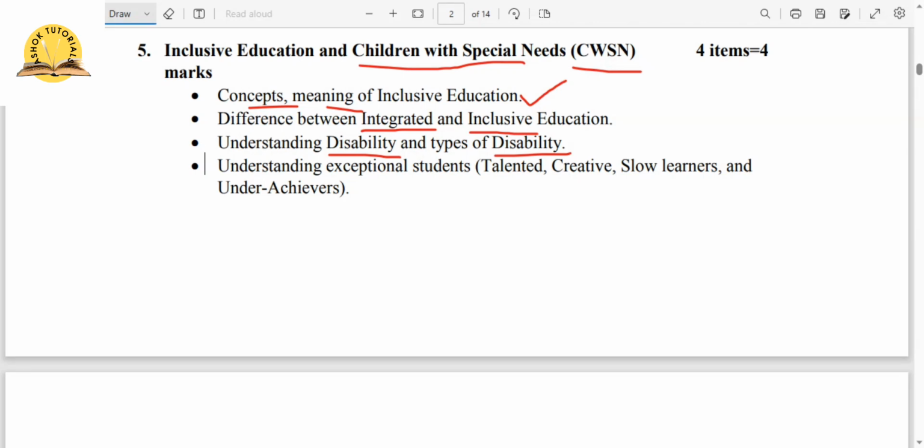So who are exceptional students? The exceptional students can be the talented ones, the creative ones, the slow learners, or the underachievers. So we have to study each and every individual, be it the talented one or the underachiever. All right.